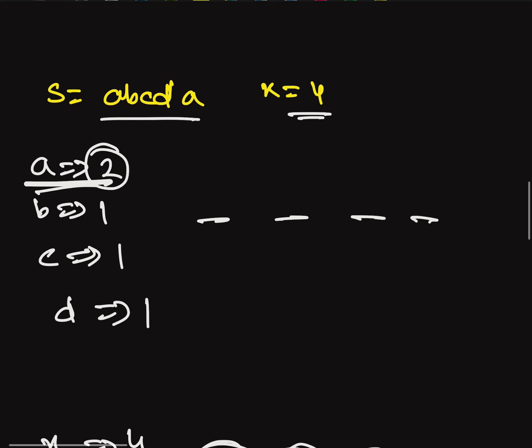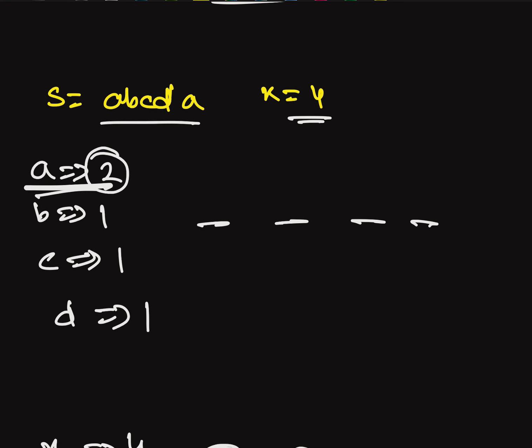Correct? Now for the odd, what do I have to do? For even I will skip this and go to the next. So b is equal to 1. This is an odd frequency character, so I will take one empty string and place b there. Correct? Now next is c. Again this is odd, so I will take another new empty string and place c there.